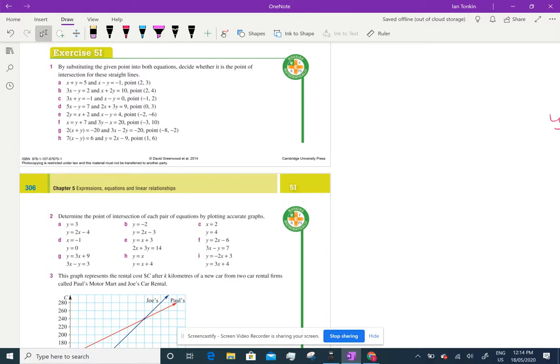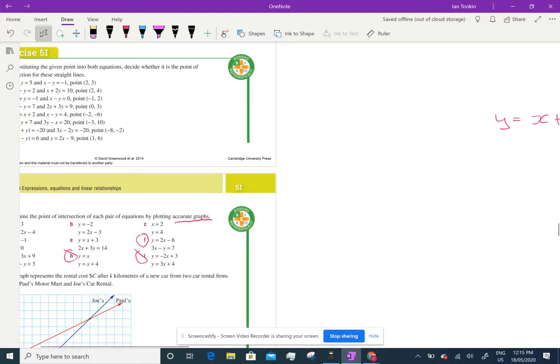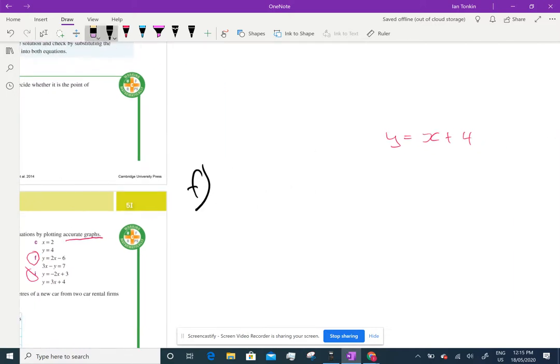It's not a very good method because you have to draw, as you can see here, accurate graphs, and it's time-consuming. I'm only really going to want you to do these last ones, E, G, H, and I. Sorry, not E, F. I'm going to do F, and then I'll do H. So F, and I've got two equations here.